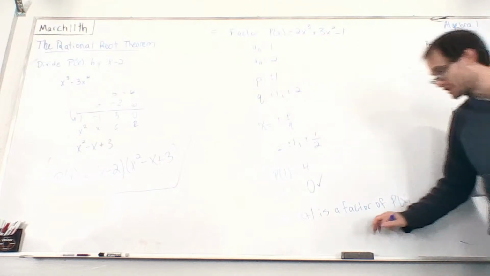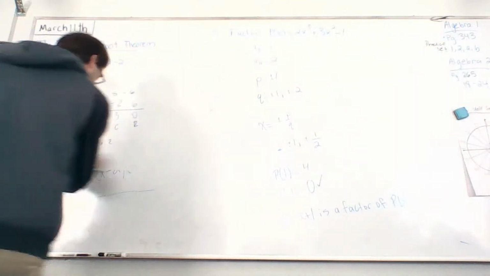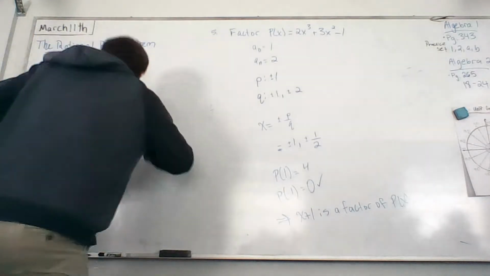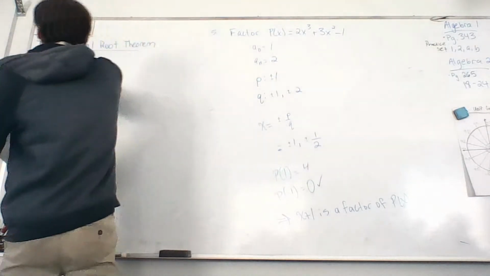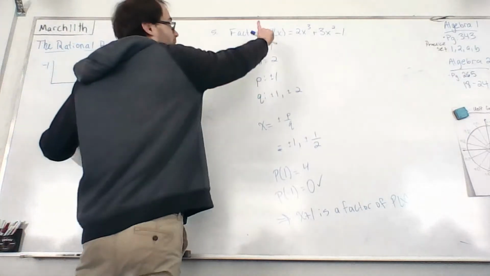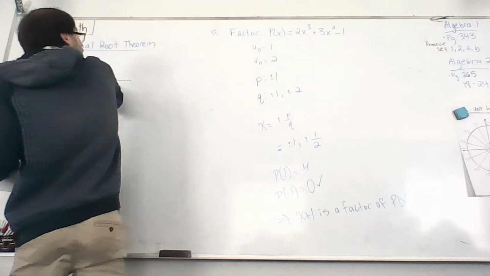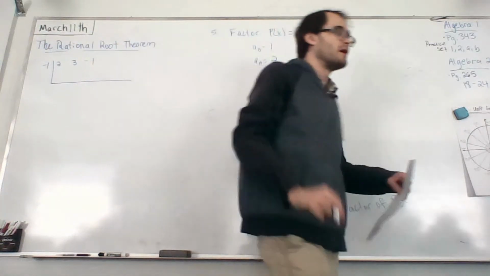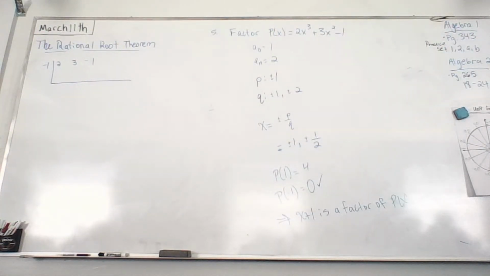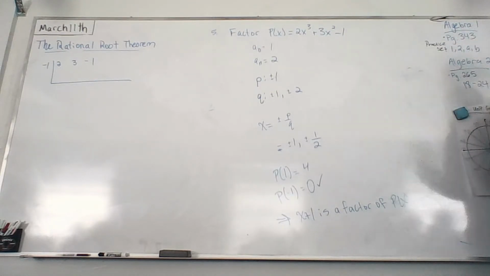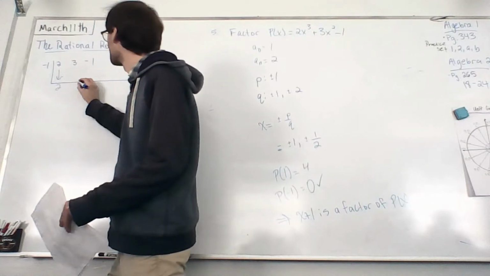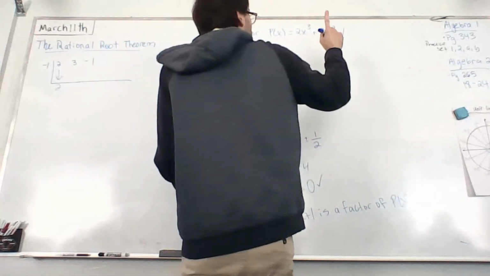So I got to do some synthetic division. If I do that, I'll have -1 outside the box, and then my stuff right there. 2, 3, -1. We'll divide that real quick. This will come down. Wait, would it be 0? Because there's no... Oh, you're quite right.